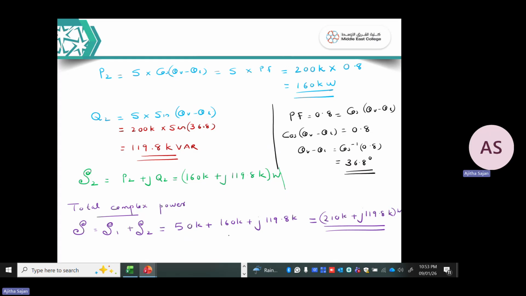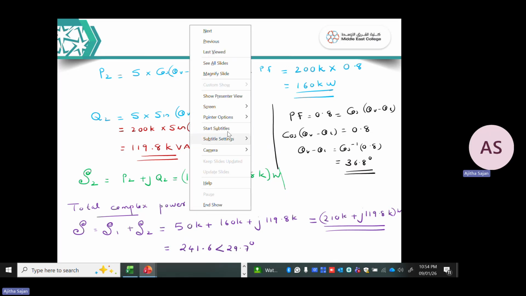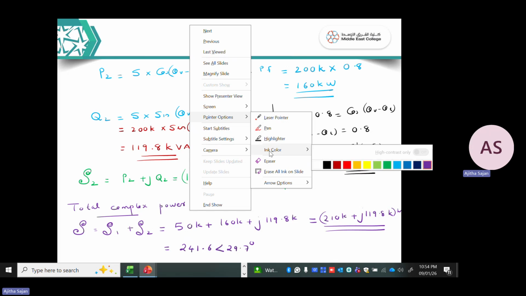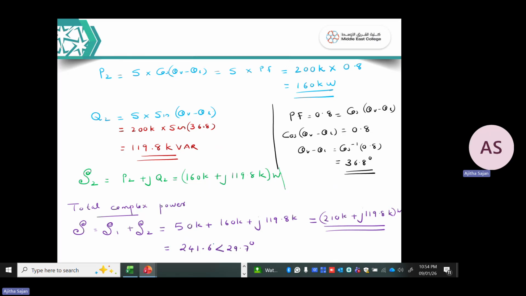Now, you convert it into polar form. If you convert it into polar form, you will get 241.6 angle 29.7 degree. The angle associated with the complex power will give the power factor of the total.